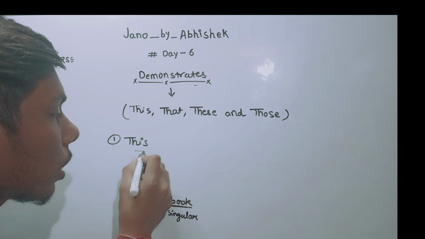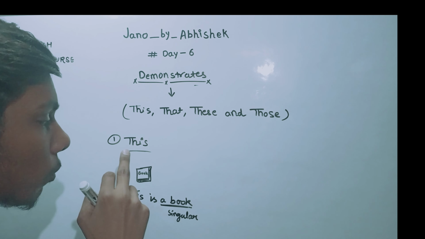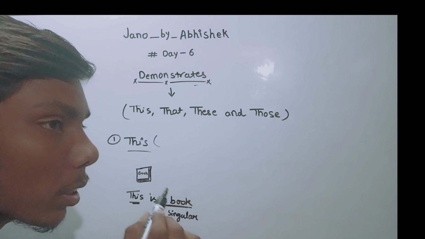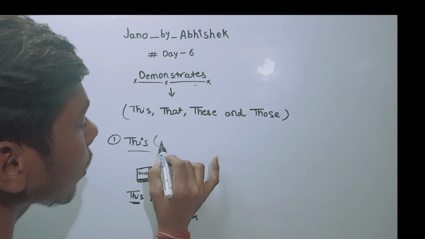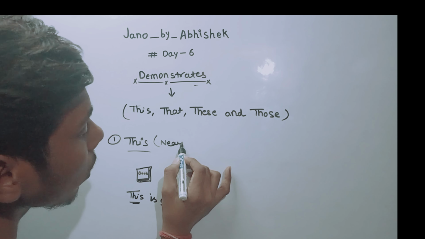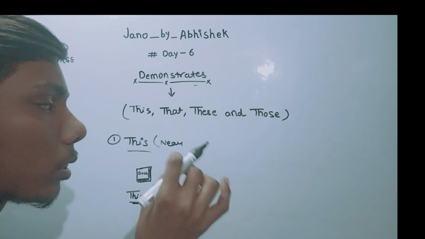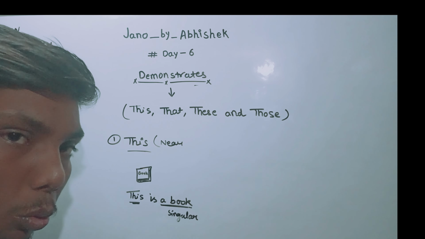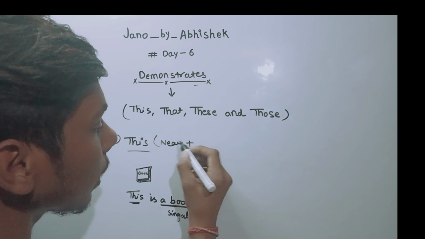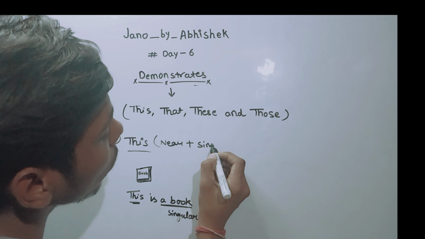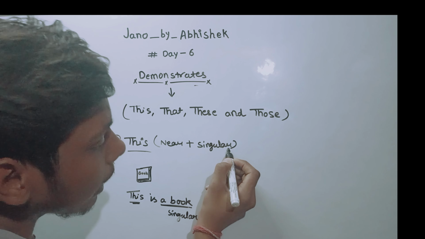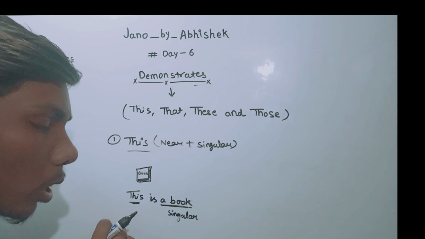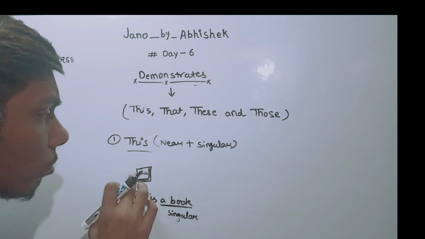So for using this, two conditions should be met. First, it must be near to us, whether it is a person or something. Second, it must be singular. In that case we will use this.